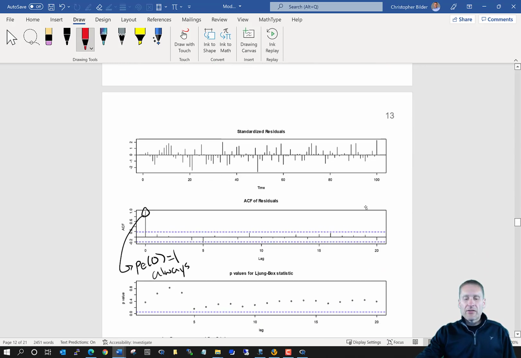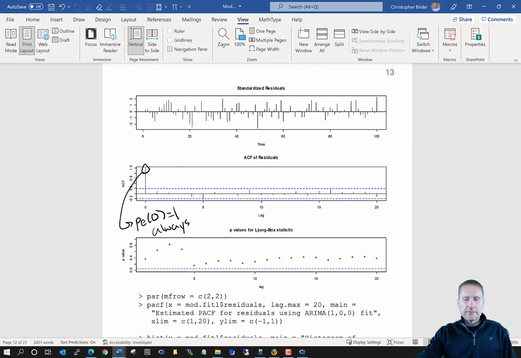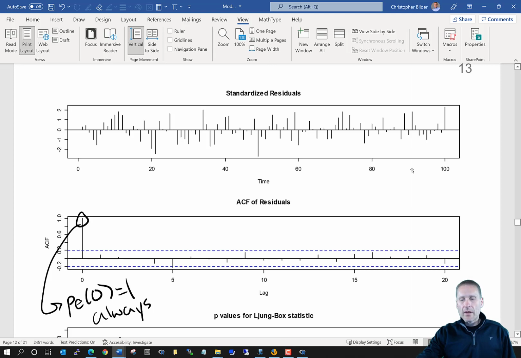So the tsdiag is going to give us a number of different things. Let me make this a little bit bigger here. The first thing that it's going to give us is a plot of the standardized residuals versus time. And so what we're looking for here is, are there any outliers?